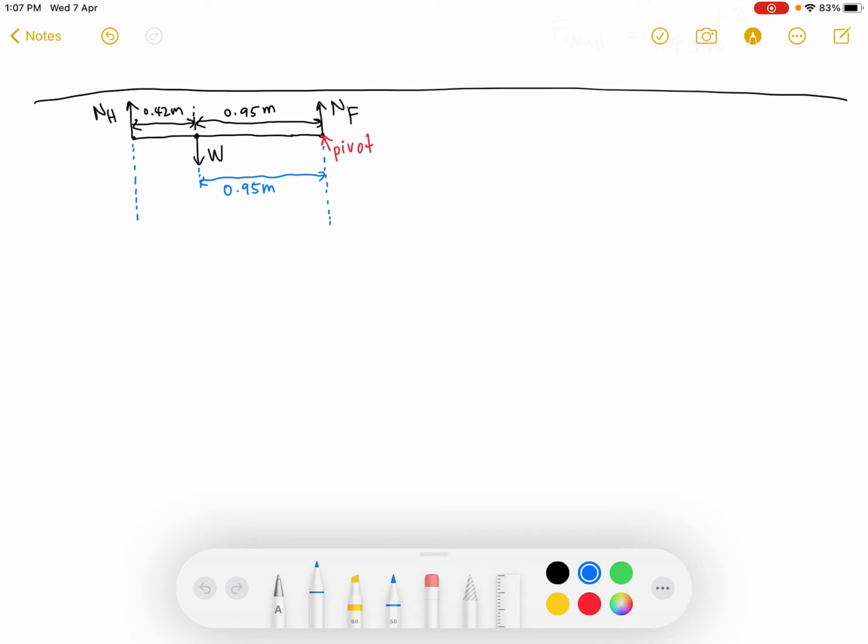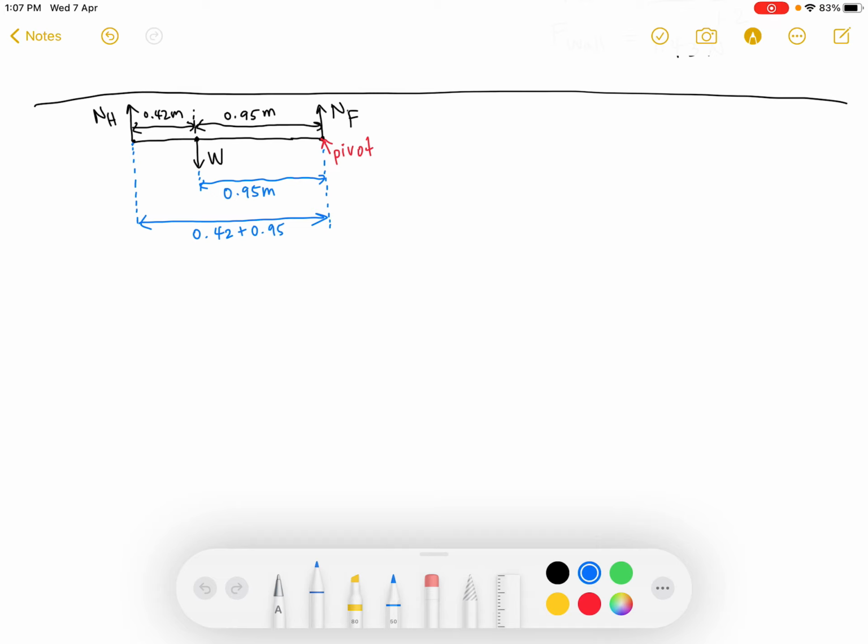That will be the lever arm between NH and the pivot point. So that will be 0.42 meters plus 0.95 meters, which is equal to 1.37 meters.